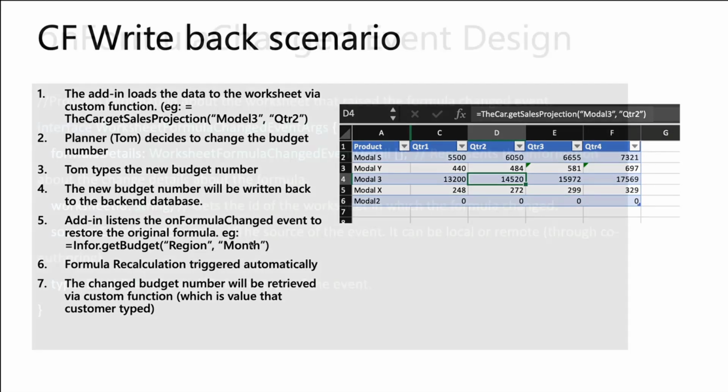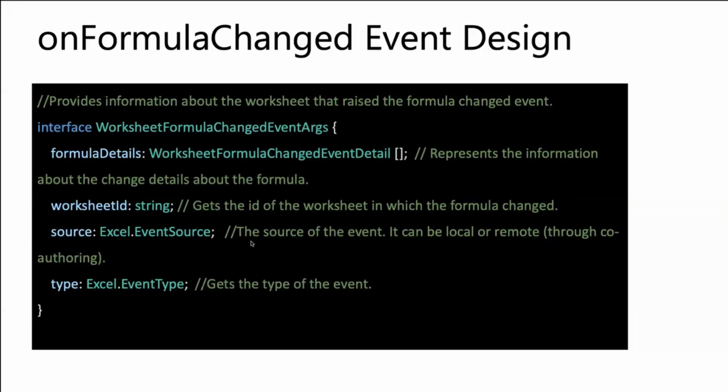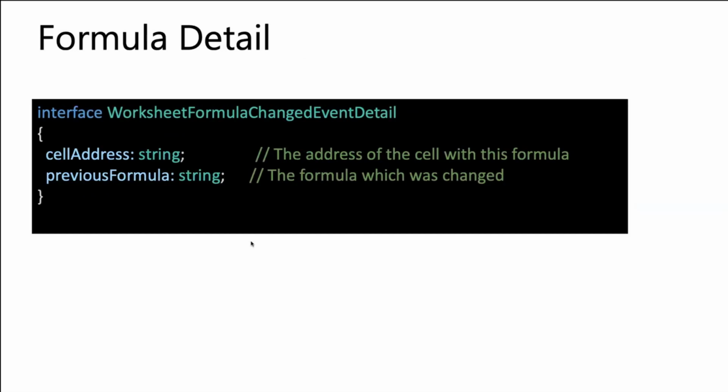Yeah. So here I would like to introduce the design for these events. When you listen to these events, we provide some information. First is the formula details. The formula details include the cell address, which indicates the right cell that you changed, and also the formula, or previous formula, that the end user overwrote.